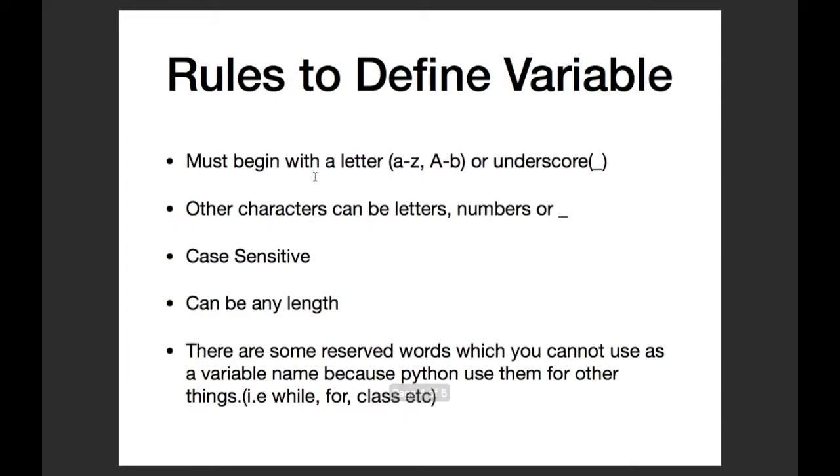So what are the rules of defining variables? It must begin with a letter or underscore. Other characters can be letters, numbers or underscores. It is case sensitive. It can be any length; the length of the variable doesn't matter. There are some reserved words which cannot be used as a variable name because Python uses them for other things, such as while, which is used for the while loop, and for, which is used for the for loop.